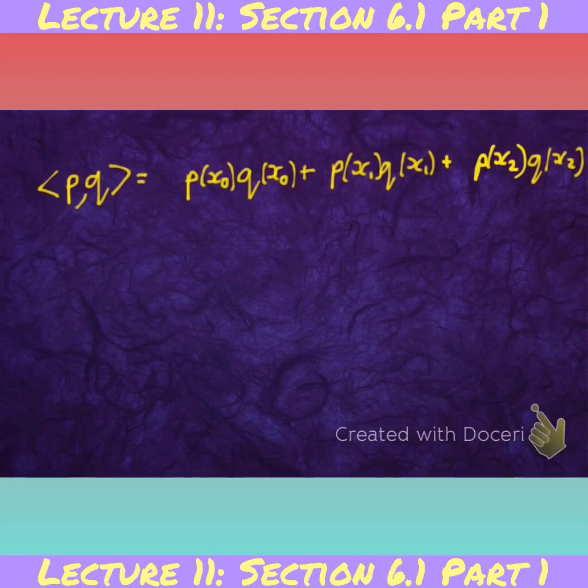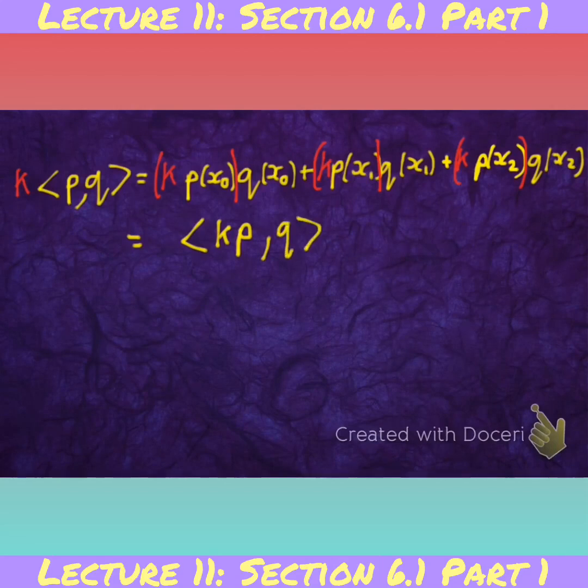And then what we're going to do is if we multiply a scalar multiple on both sides, it becomes that there, and then again grouping these terms together like so, it is then very easy to see that in fact it is the same as taking the product of KP with Q. Okay, so axiom 3 holds.